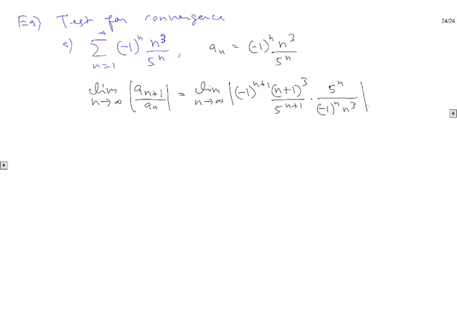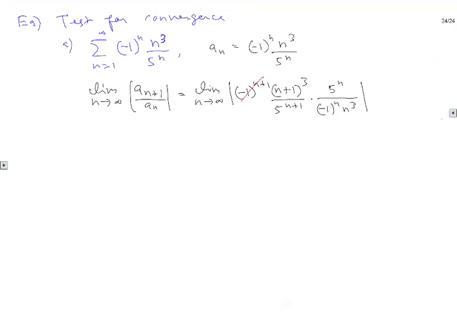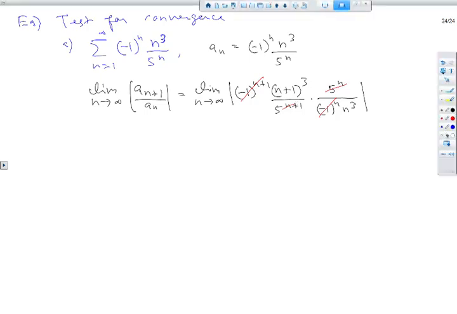Okay, so you can simplify this a lot. This term goes away because the absolute value of these is 1, so we don't need that anymore. And 5 to the n cancels with 5 to the n plus 1, so only 1 over 5 is left.